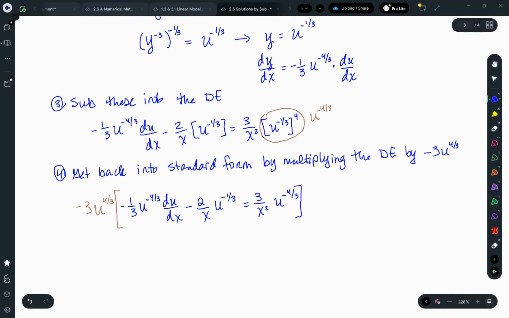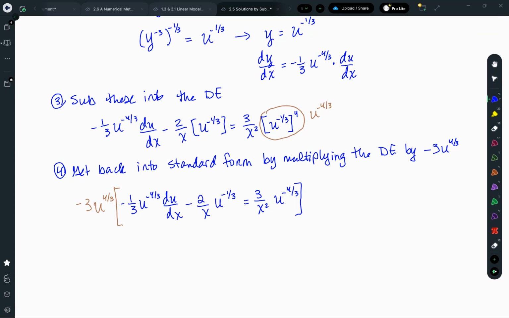When this hits the first term, the negative 3 with the negative 1/3 is just 1. The u to the 4/3 times u to the minus 4/3, that's just u to the 0, which is 1. So I leave behind du/dx when I distribute.